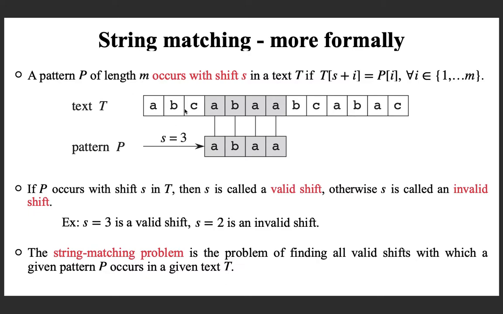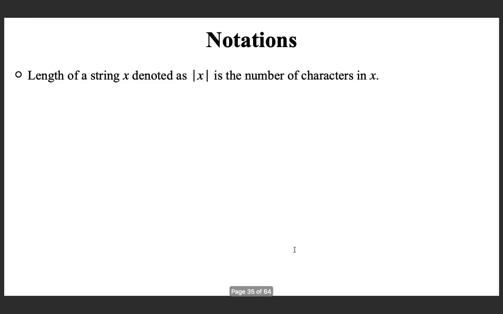If you shift 3 positions to the right, what you get in the next window of m positions is the pattern. Now, before we proceed and look at the naive algorithm for string matching, let us see some more aspects of this problem. Now we are going to look at some notations.